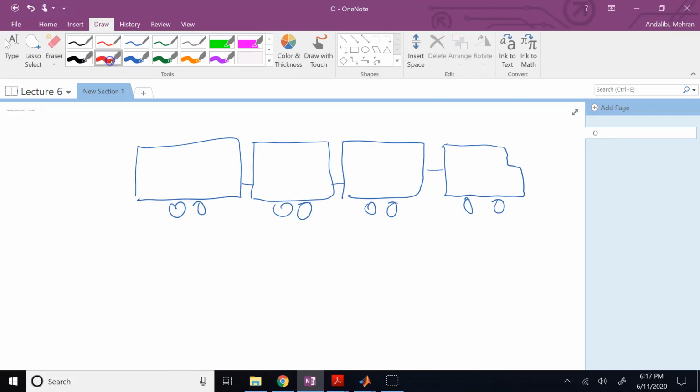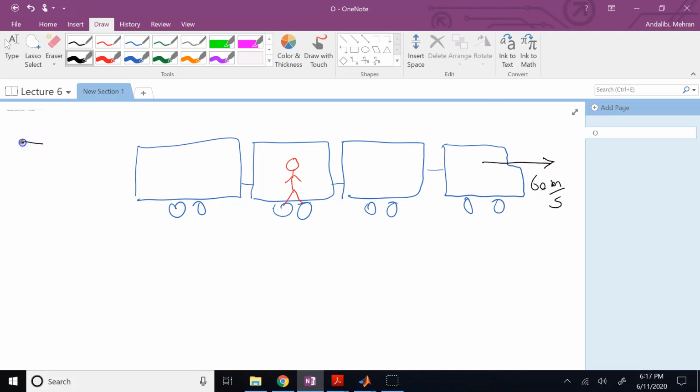So there is a person inside this train that is moving. The speed of the train itself, compared to an observer from the ground, is, let's say, 60 meters per second to the right.